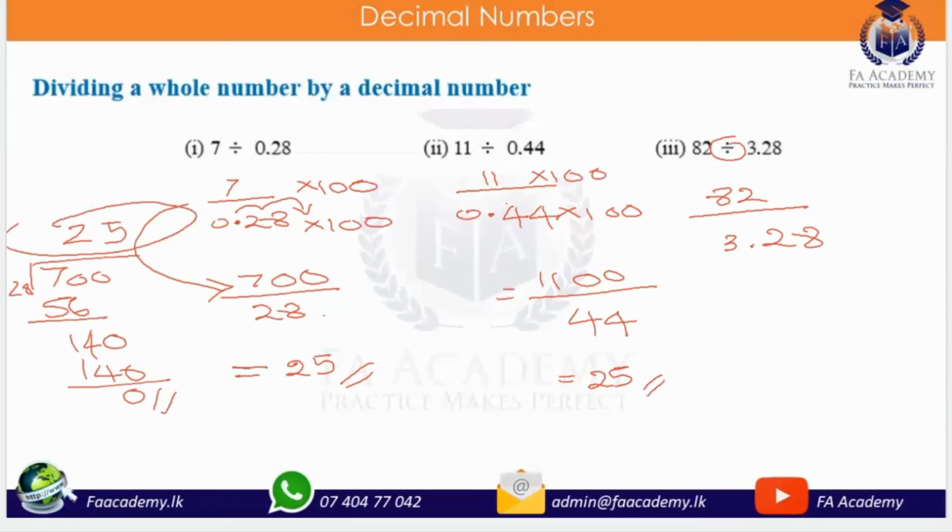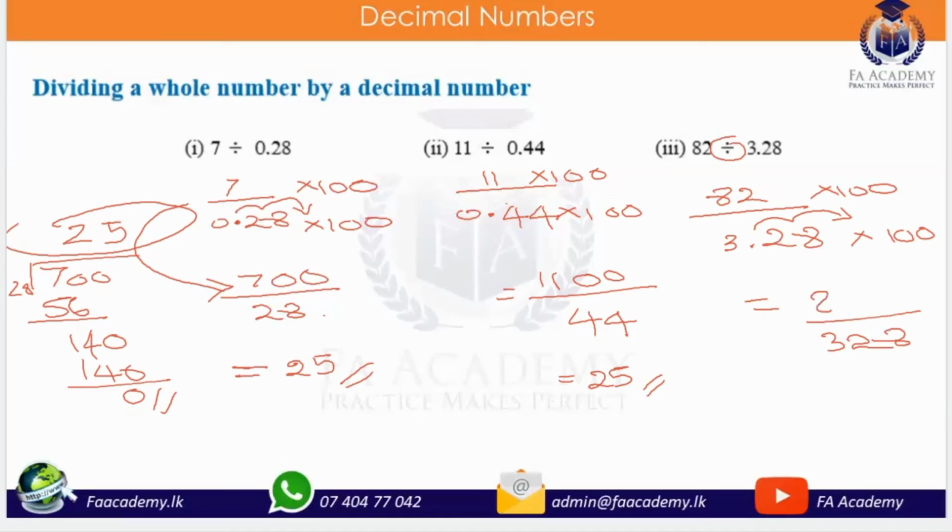You can try. And here, yeah, the same thing. I need to move the decimal. I can't keep the decimal and solve this sum. So multiply by 100. The same thing should be done to the numerator. So when I multiply it, I will have 328 as the denominator.